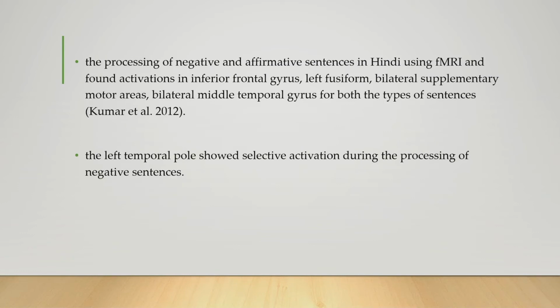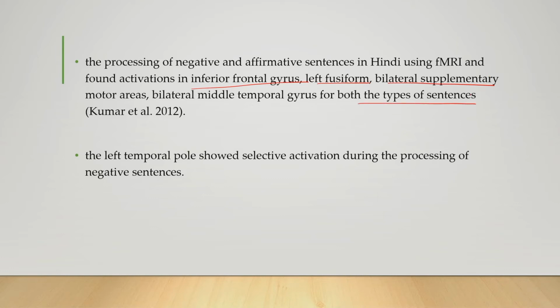The processing of negative and affirmative sentences again, in terms of whether they are affirmative or negative. For sentences in Hindi, there has been a very interesting study by Kumar et al. in 2012 that used fMRI, and they found activations in the inferior frontal gyrus and so on for both types of sentences.